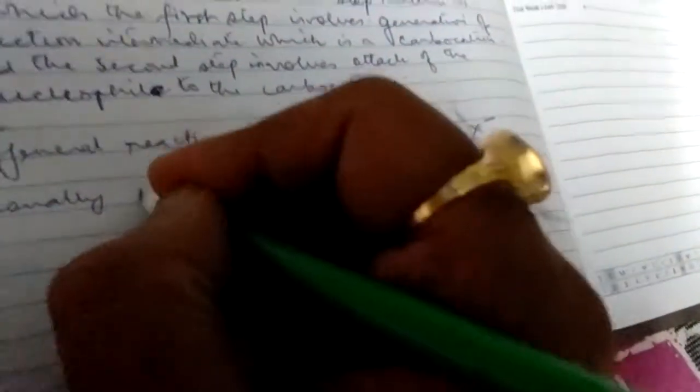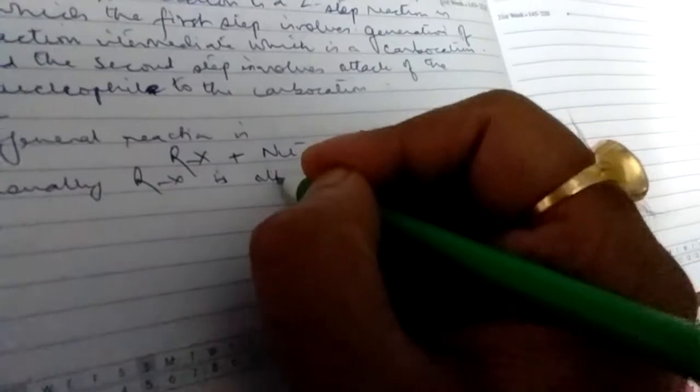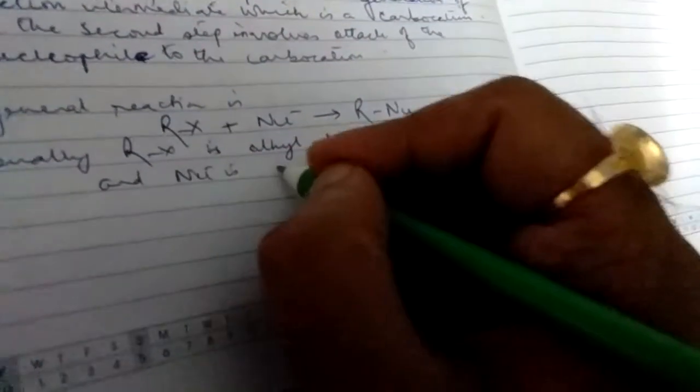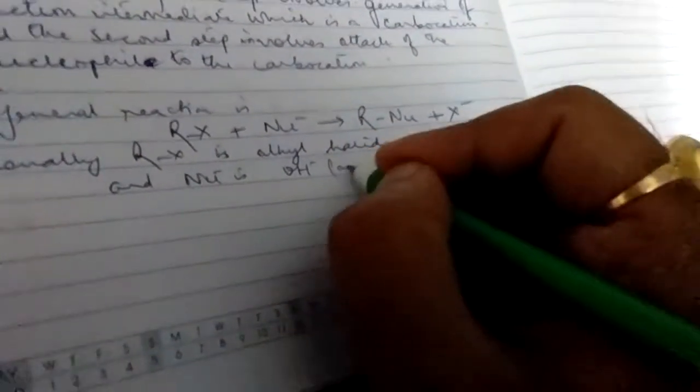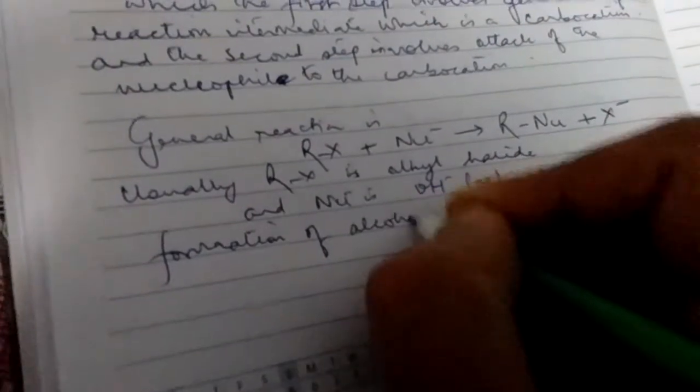So usually RX is alkyl halide and nucleophile is aqueous OH minus, which leads to the formation of alcohol molecules.